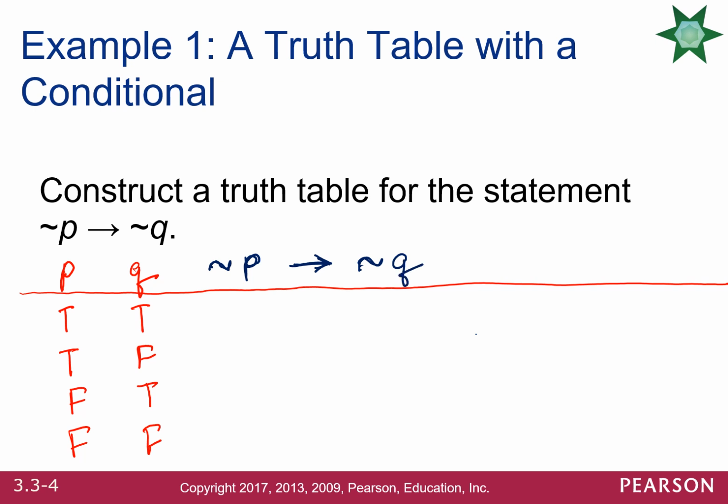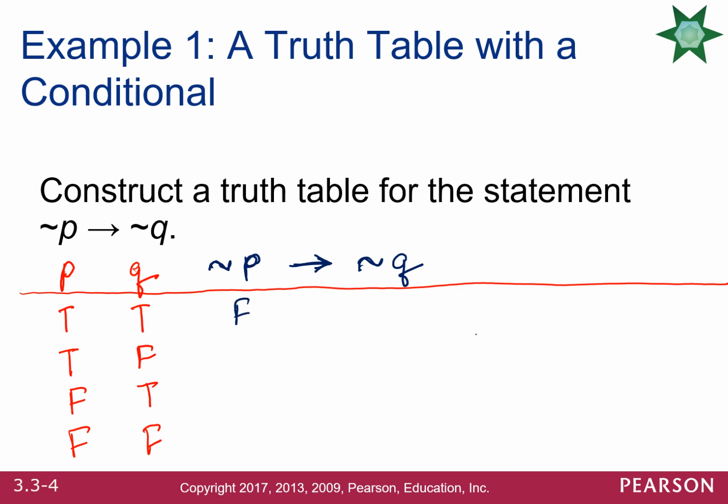So under not P, I'm going to negate all the truth values for P. The trues become falses and the falses become true. Let's start with the first one. This true will become a false.